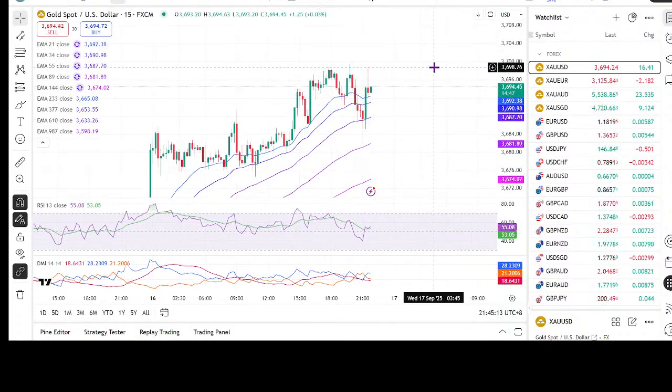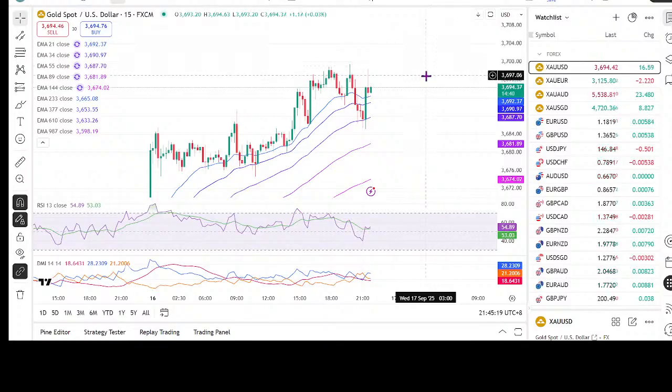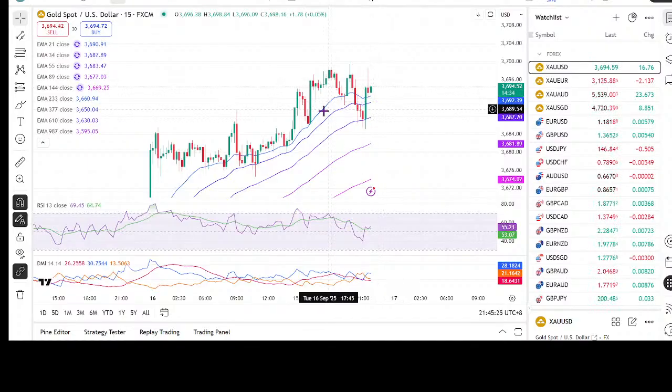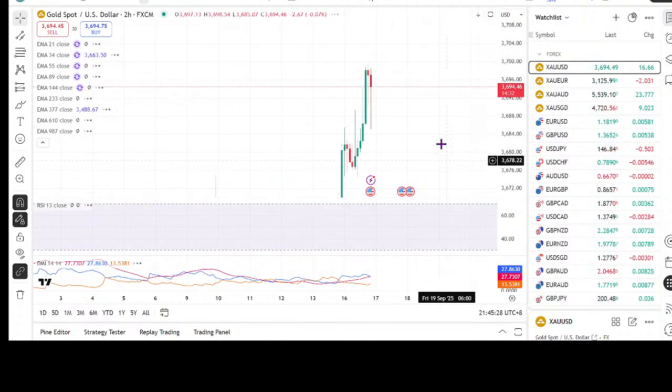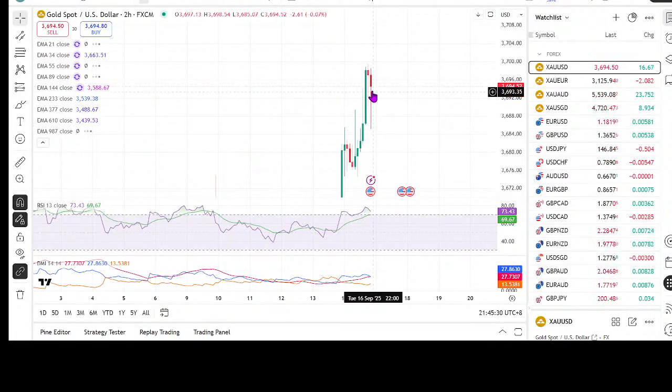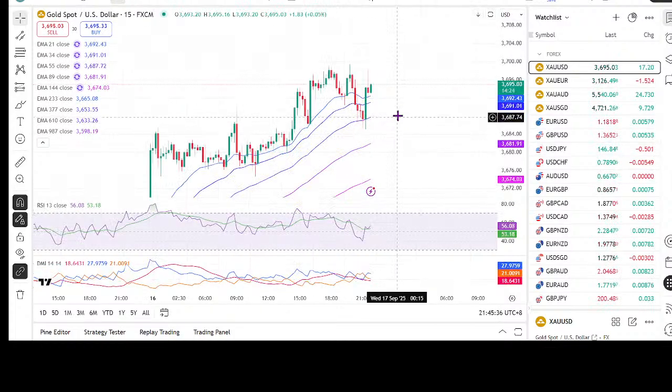It has to clear this, then only can we be in a comfort zone. Until it clears this, the risk is still there and anything can happen, and we are into the final 15 minutes of the 2-hour chart which we are seeing. We should be able to see whether this price is able to push higher.